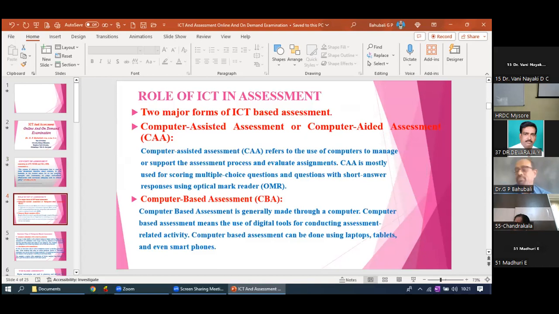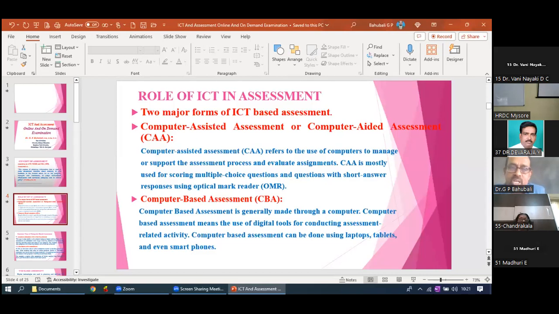Now to the major role of ICT in assessment. I don't like to touch upon the traditional method of assessment, because my topic today is ICT, and mainly online and on-demand assessment. So I directly jump into that major concept, ICT in assessment.